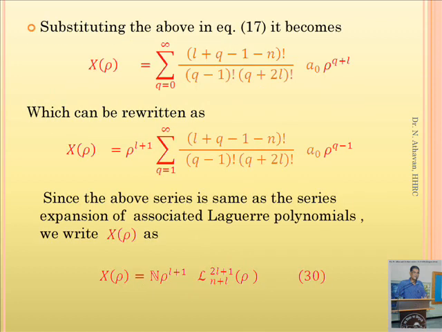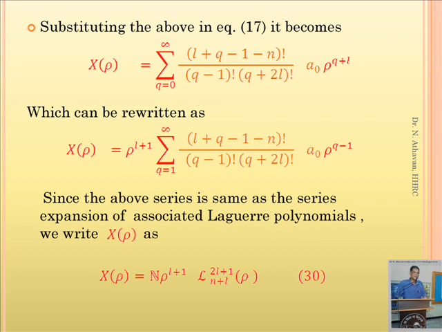Substituting this in equation 17, we write the solution of the x equation as x of rho equal to summation q runs from 0 to infinity (L plus Q minus 1 minus N) factorial divided by (Q minus 1) factorial into (Q plus 2L) factorial into A0 rho power Q plus L. This is exactly the same form as the series of the associated Laguerre polynomial.